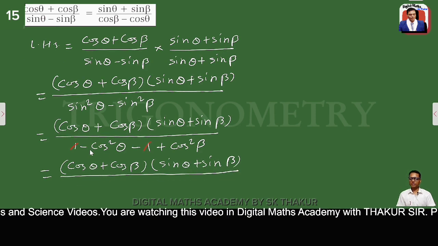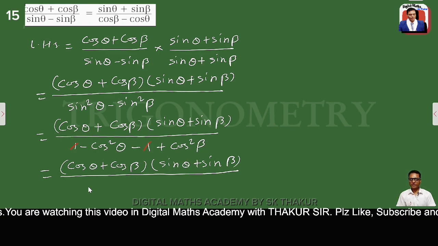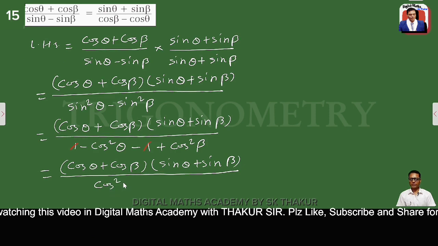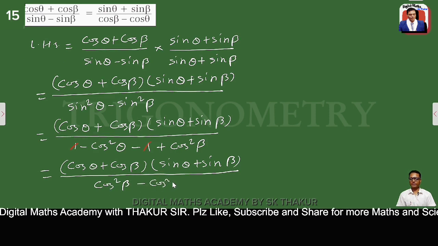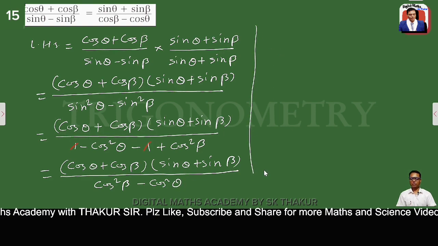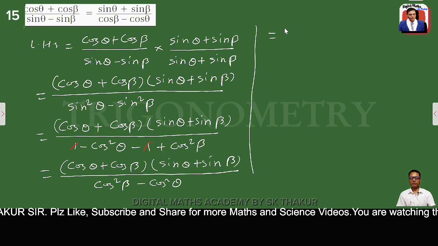At the denominator there is −cos²θ + cos²β, so we write cos²β positive at first, minus cos²θ.